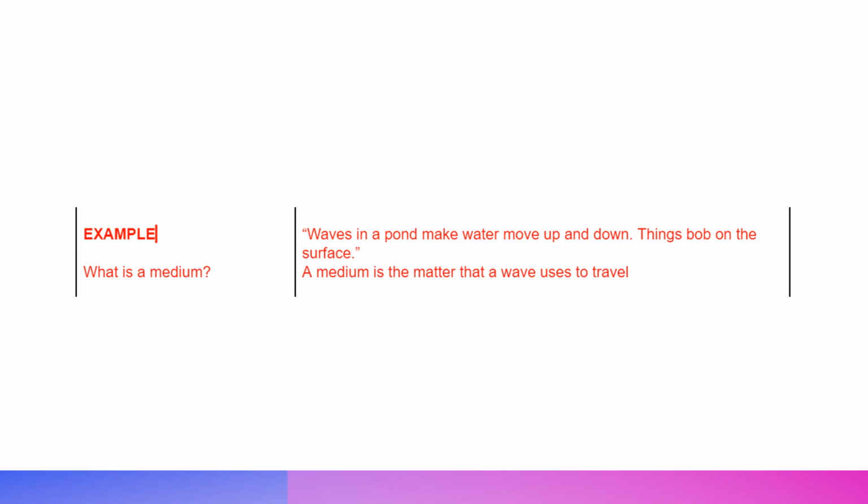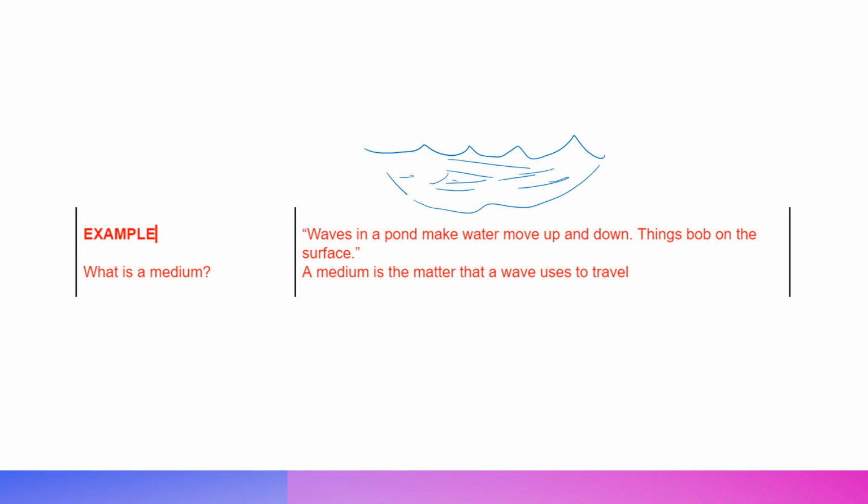So here's an example. It says right here, waves in a pond make water move up and down, and things bob on the surface. So let's say you have, I'll put a little pond here. We got some water.